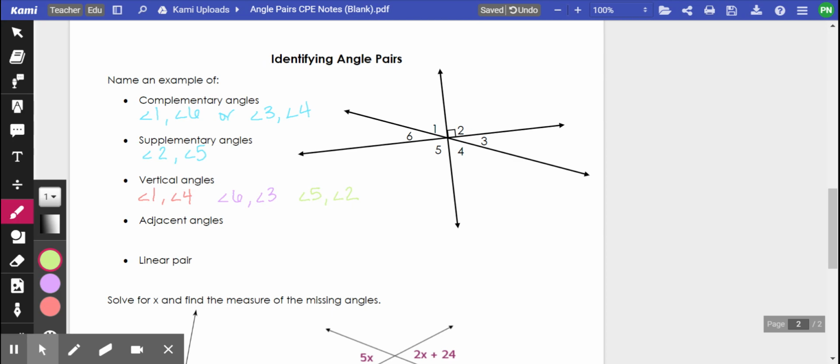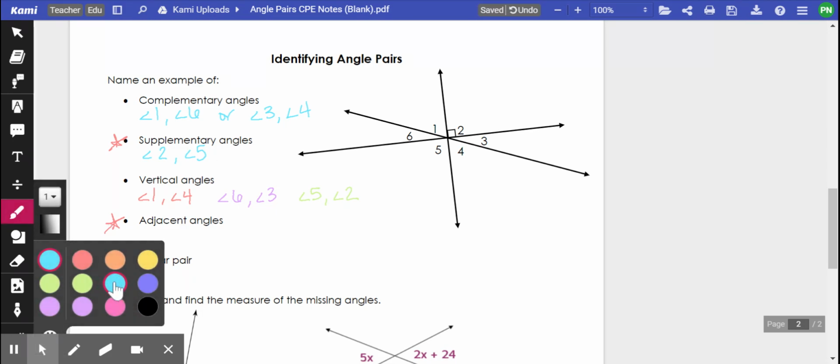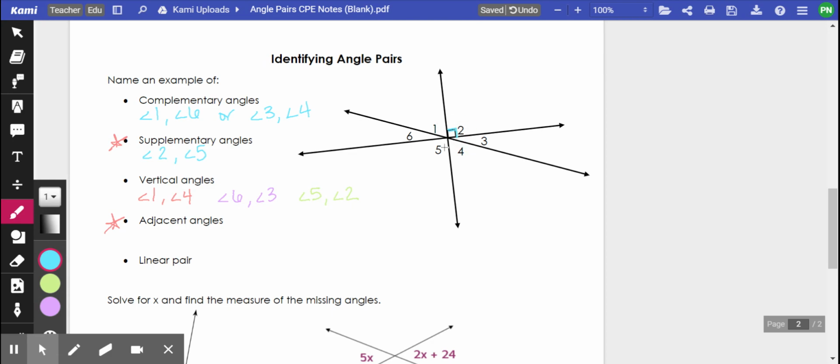And then for a linear pair, we want to see if we have any that are both supplementary and adjacent to each other. Now, in this case, the ones that we said that were supplementary were angles 2 and 5. And those are not adjacent to each other. So that means that we don't have any linear pairs in this example.